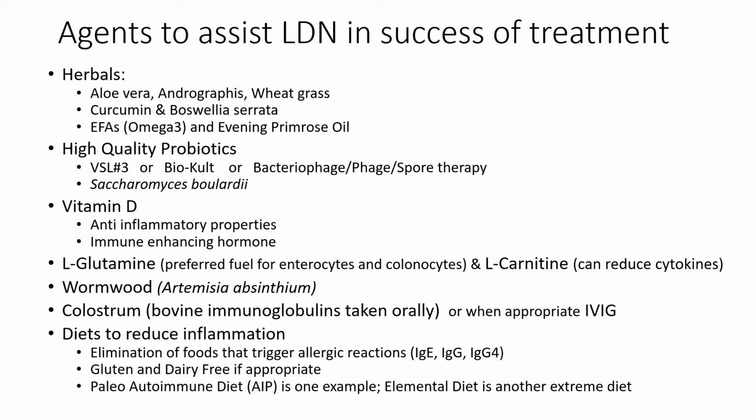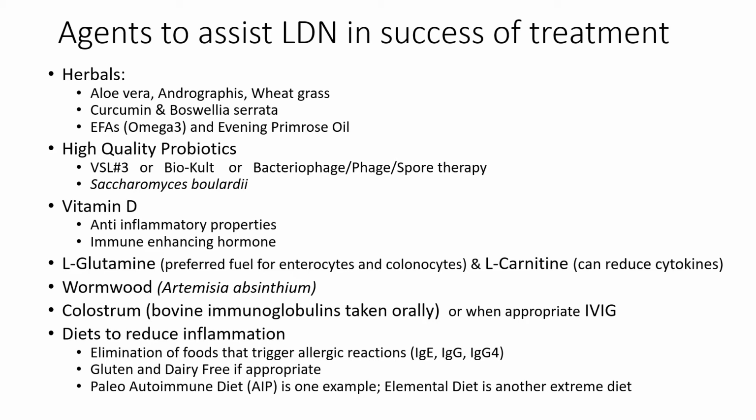To help heal our gut, L-glutamine is used, or a version that may be better absorbed. It is the preferred fuel or food for enterocytes and colonocytes. L-carnitine can also reduce cytokines, so that is sometimes helpful to be used.